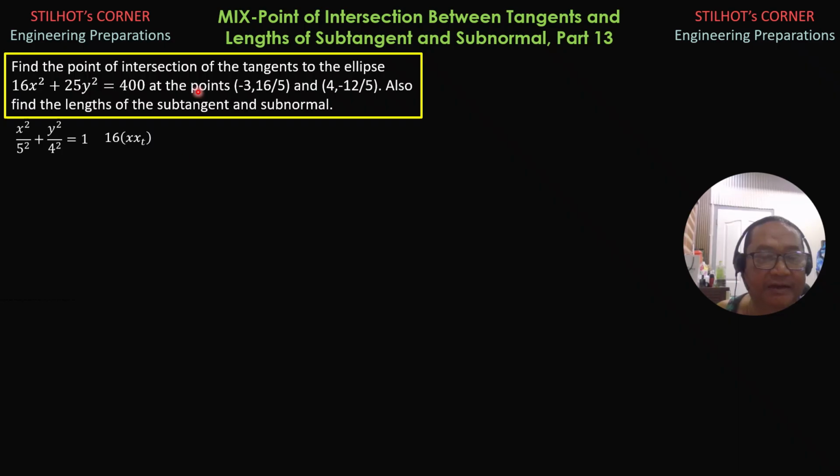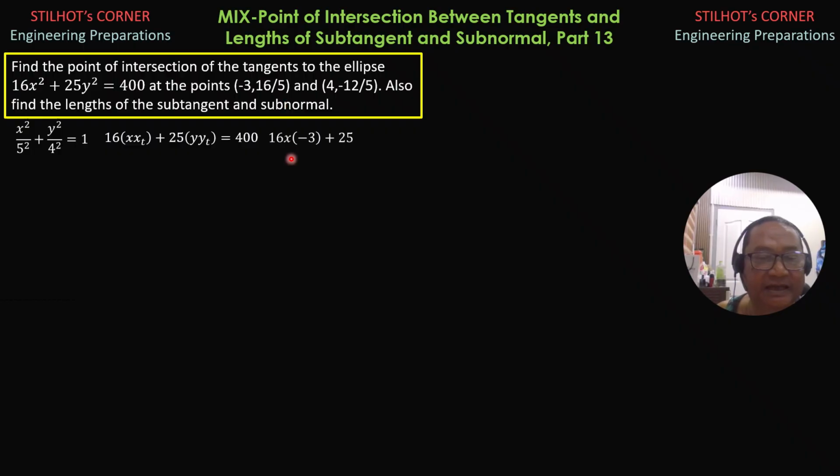Then for the equation of the tangents by analytic geometry approach, we have 16 times x x_t, remember the technique, plus 25 y y_t equals 400. For the first point of tangency, we substitute x_t negative 3 and y_t 16 over 5.